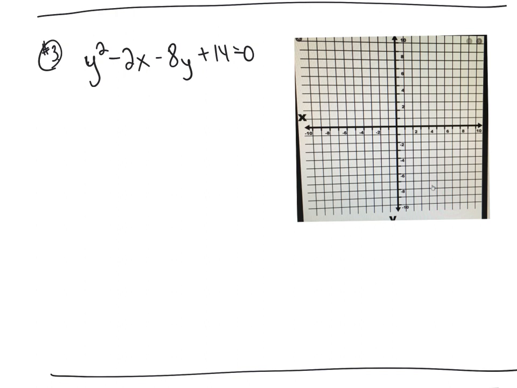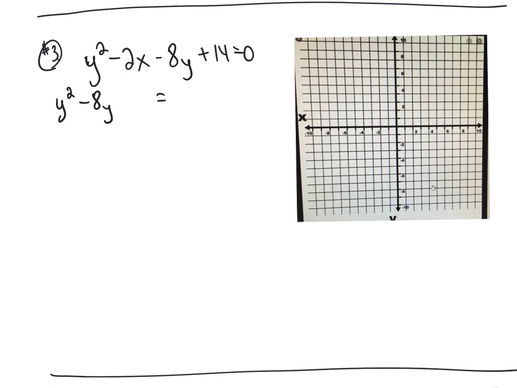So the equation starts off as y squared minus 2x minus 8y plus 14 is equal to 0. And we're going to complete the square to go from general form to standard form. Ready? Whatever variable is squared, put that on the left side. All right, so the y's are the squared variables, so put the y squared and the negative 8y on the left side.